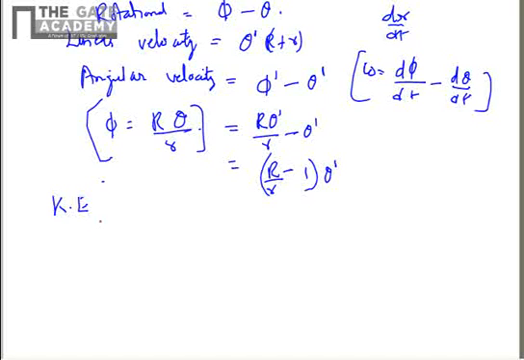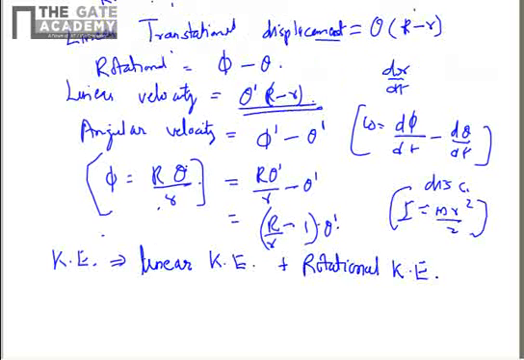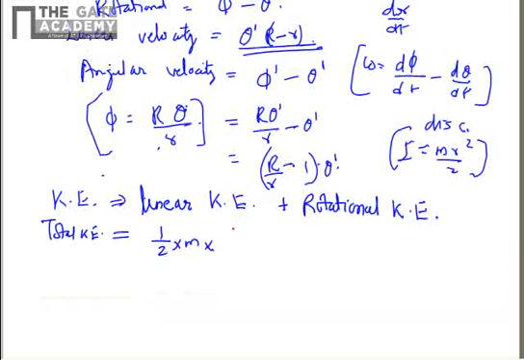Now we know the velocities of the rotating cylinder. The kinetic energy will be equal to linear kinetic energy plus rotational kinetic energy. So the linear kinetic energy is half m v square, half into m into velocity, that is theta dash (R minus r) whole square, plus the rotational kinetic energy, that is equal to half I omega square.